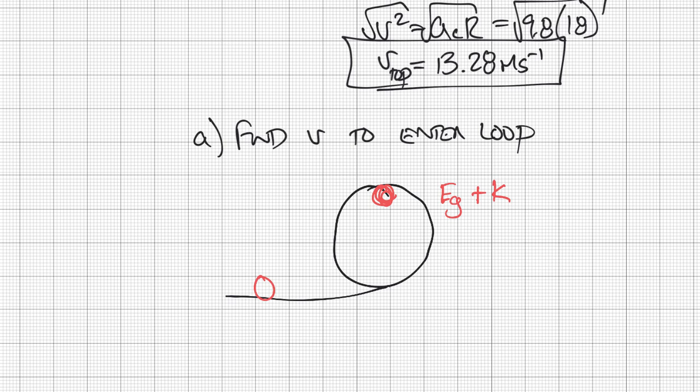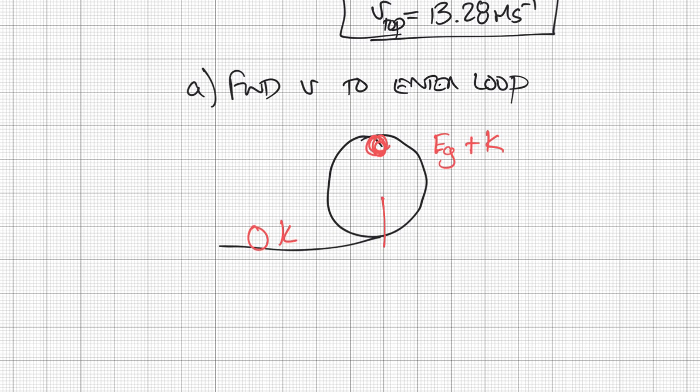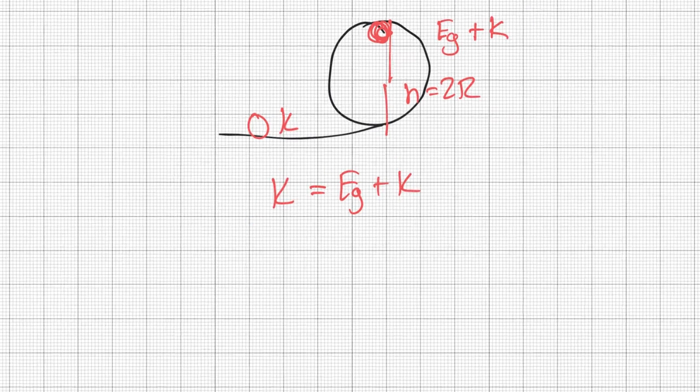At the bottom here, then, we would just have kinetic energy. So we know that our height h is going to equal 2 times my radius. So I'm going to set up this equation where my initial kinetic energy has to equal the gravitational energy plus the kinetic energy at the top.